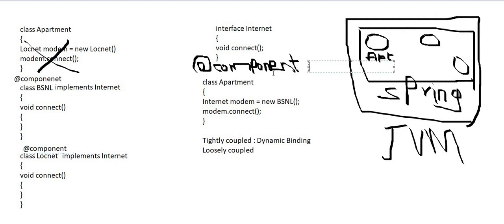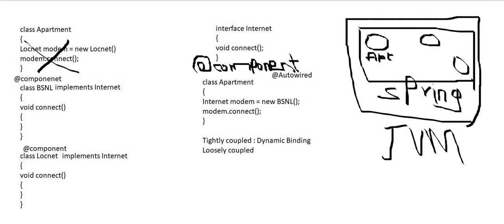Now you have to connect your Apartment class with your BSNL class or your LocalNet class. So you have to give @Autowired, which means that it will create a connection. Now there is a question: it will connect to what?